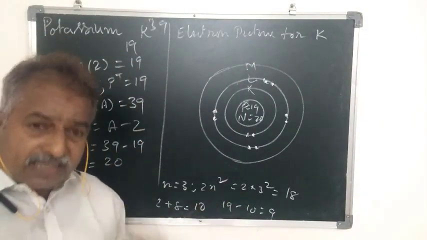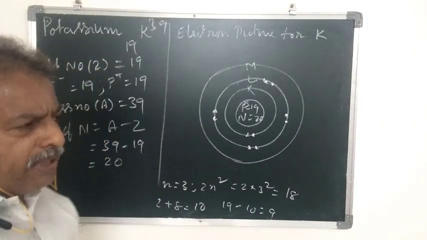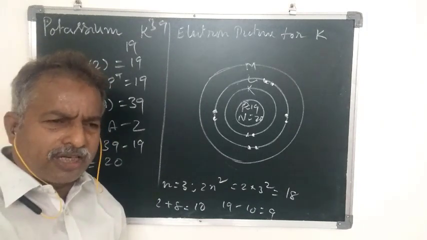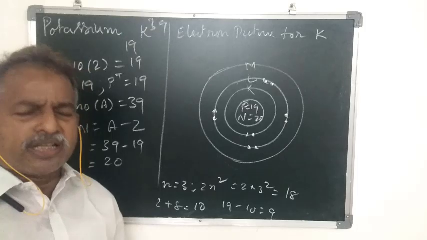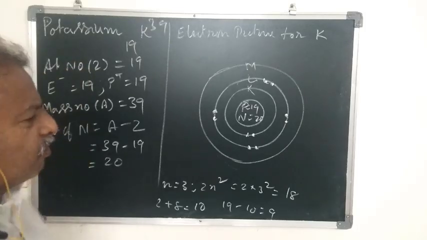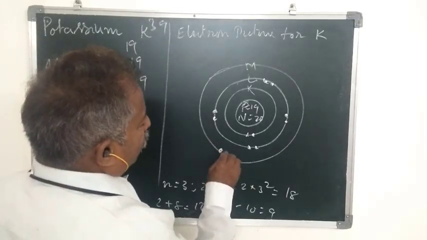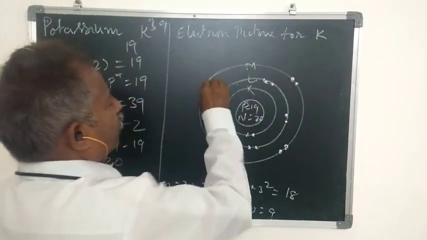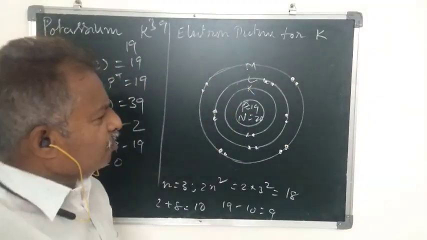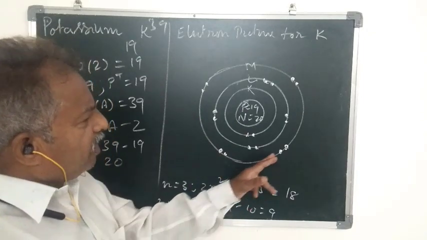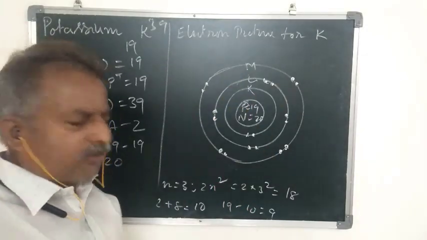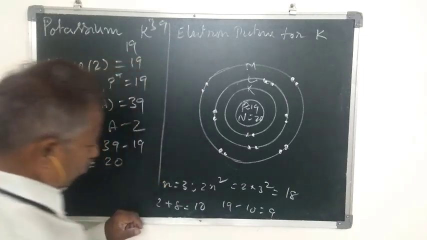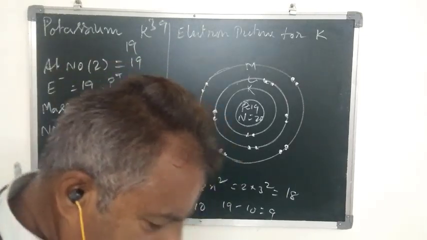But there is another rule. What is that rule? Any outermost shell can accommodate only 8 electrons irrespective of the 2n square rule. So, here 2 electrons, another 2, another 2, another 2. So, this is outermost shell. As it is outermost shell, it cannot accommodate more than 8 electrons. Now, how many electrons accommodated totally now?